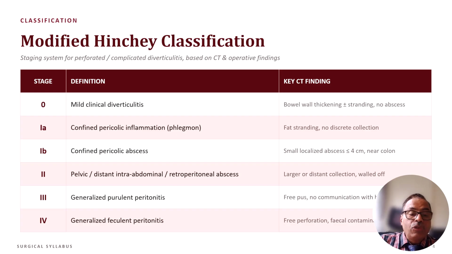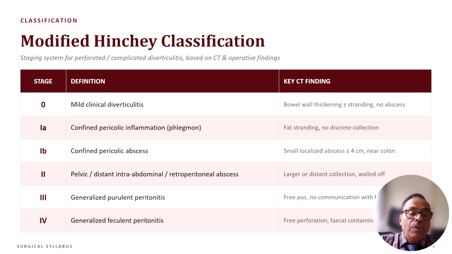That means there would be an abscess which is confined and adjacent to the bowel wall. That comes into Hinchey's 1B. And what are the key CT findings? Here you would find a small localized abscess, less than or equal to 4 centimeters, adjacent to the large bowel column.